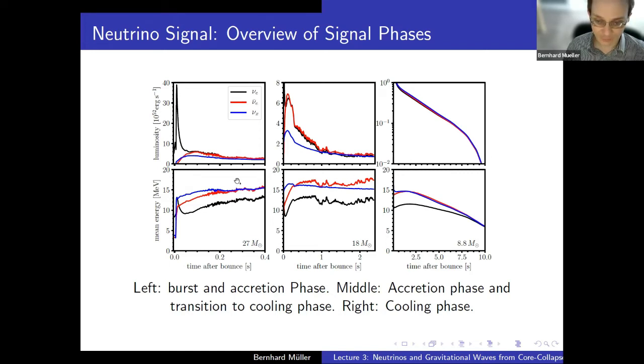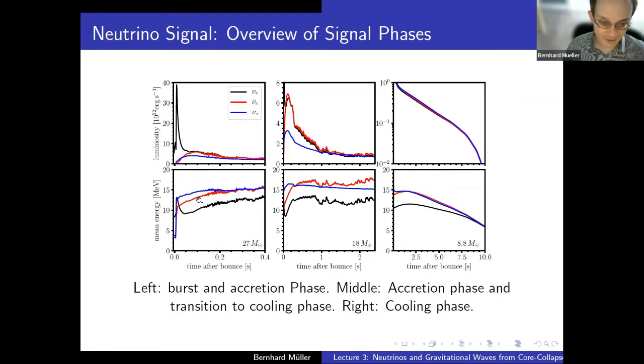In terms of the neutrino mean energies of the spectrum, you'll find that generally the electron neutrinos are the lowest, except for this burst phase where they reach their highest energies.